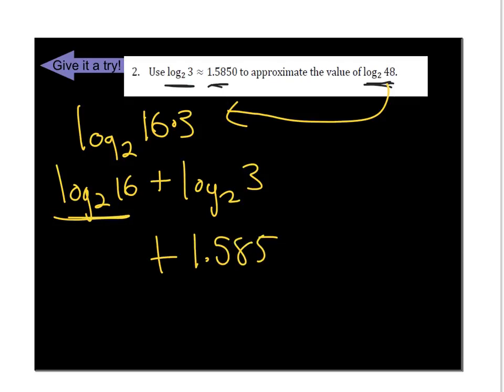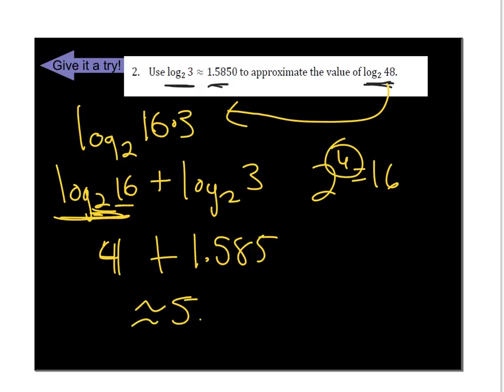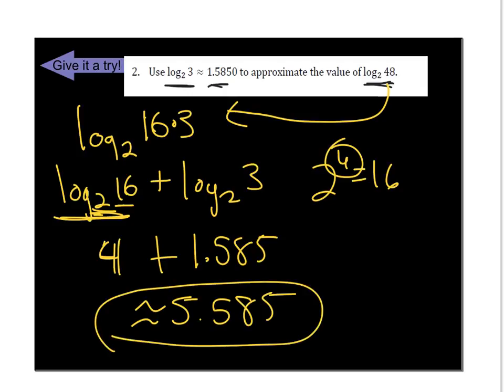Log base 2 of 16, where are we going to get that? Realize this is saying, what exponent goes on 2 to get 16? Well, 4. 2 to the 4th equals 16, so the log base 2 of 16 is going to be 4. So if I add 4 plus 1.585, my answer is going to be approximately 5.585. So don't forget how all this works, because it's 2 raised to that power.